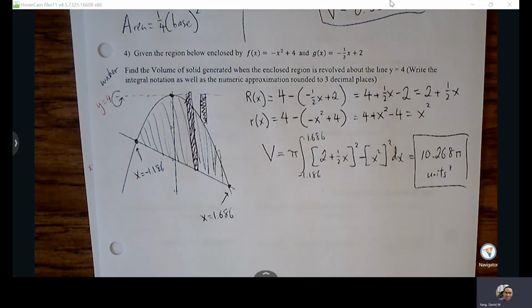Here it's talking about the highest y value. You guys pick it up, right? Because you have to plug it in.